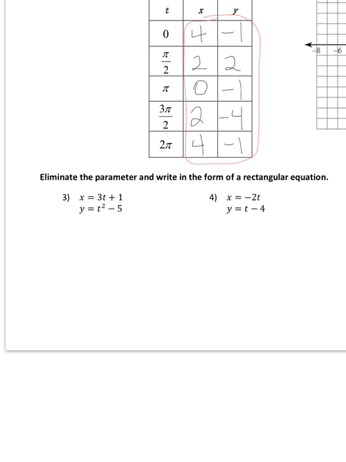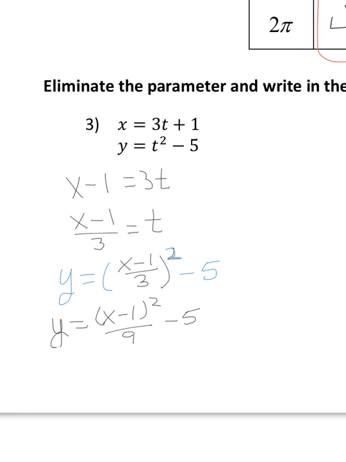So this is what the equation is going to look like when I'm finished. All right, so what I've done here is I went ahead and solved for t here. I subtracted 1 from both sides, divided by 3, so that gave me t equals x minus 1 over 3.